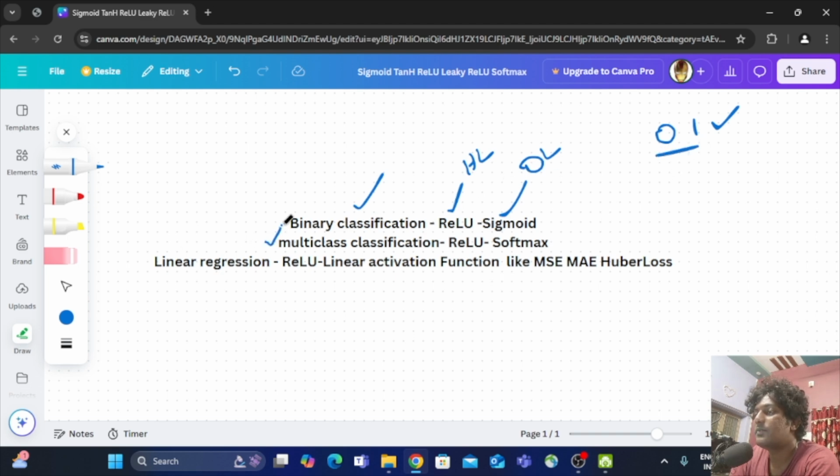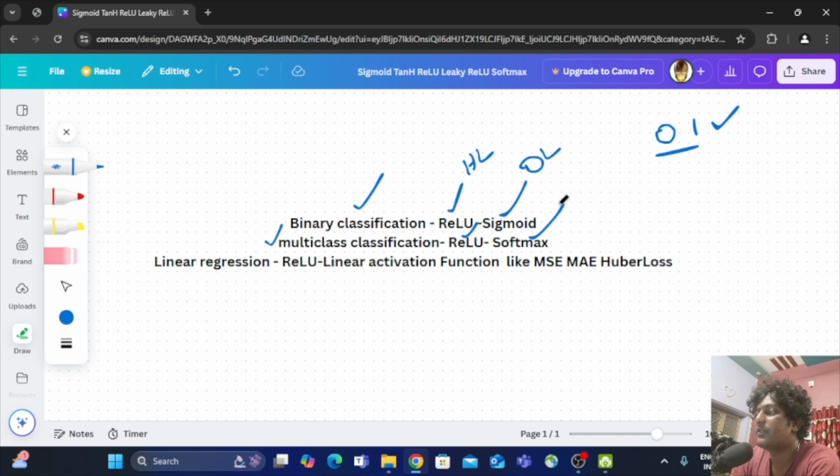If we have a multi-class classification problem statement, in the hidden layer we can use ReLU, there is no problem with that, and we can use the softmax activation function. As I said earlier, in multi-class classification we need to find one class only, right? To get only one class from several classes, so we need softmax.